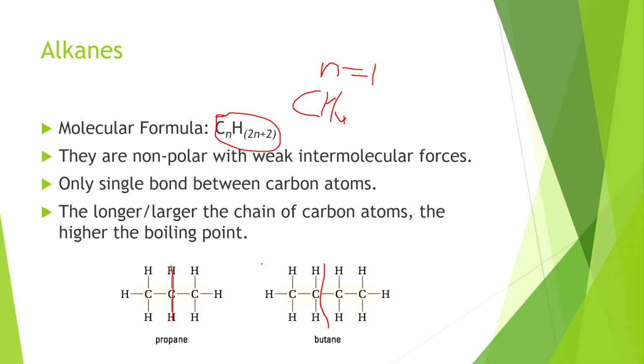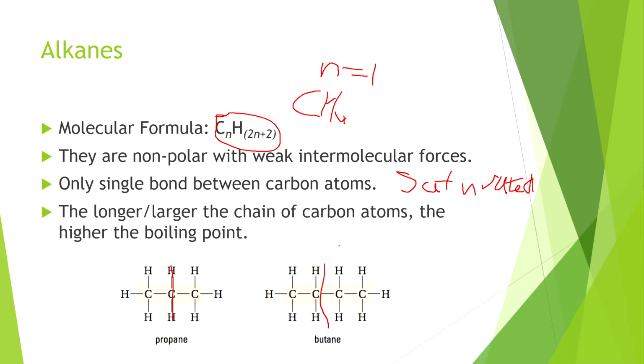Most importantly, for alkanes, there are only single bonds between carbon atoms. Thus, they can also be known as saturated hydrocarbons. A saturated hydrocarbon has the property of only single bonds between carbon atoms.